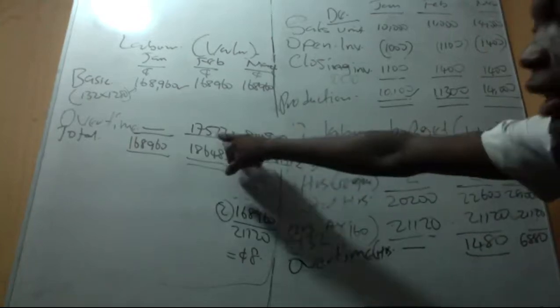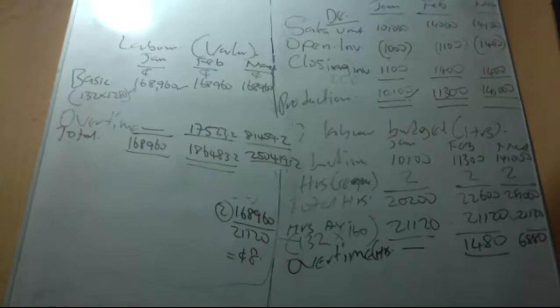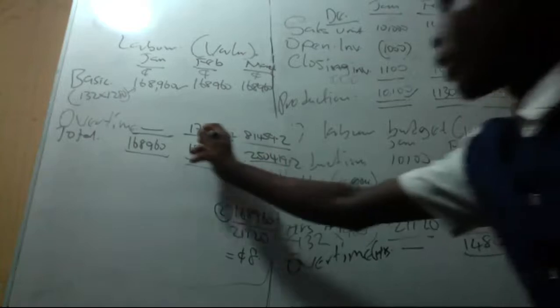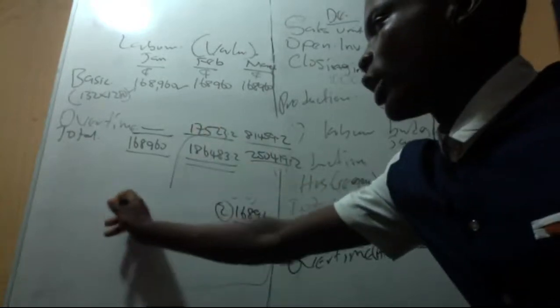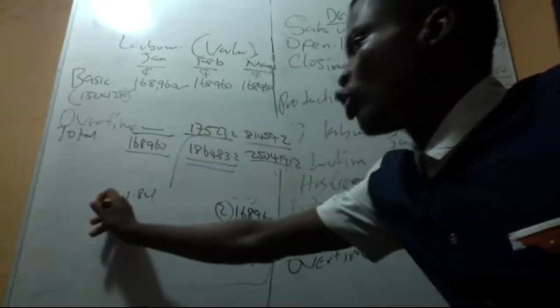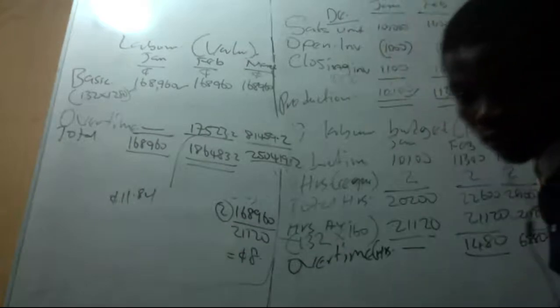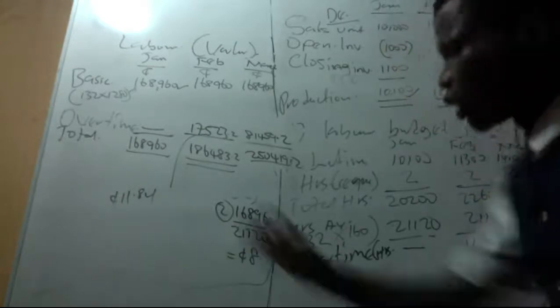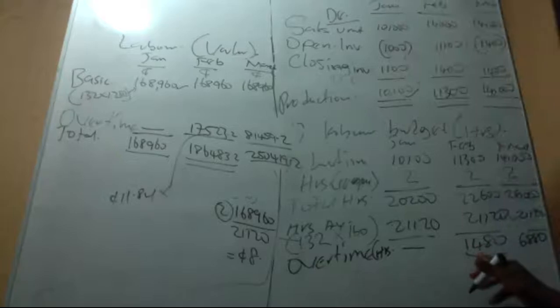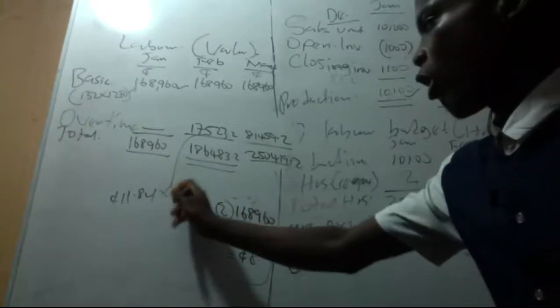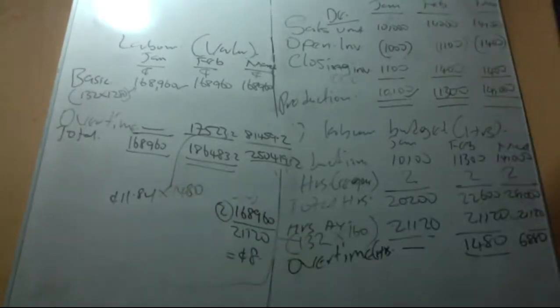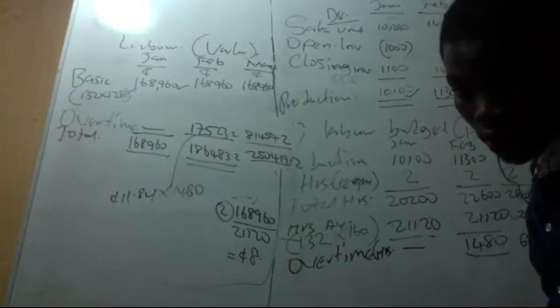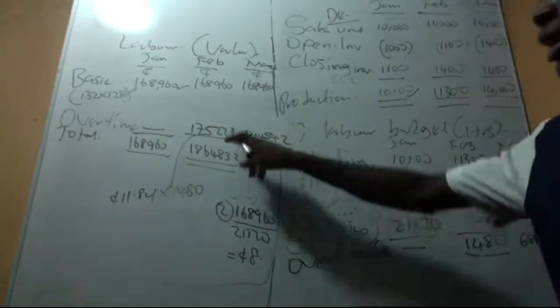So that's how we get 17,523.2. The working is 11.84, the overtime amount, times the overtime hours of 1,480, and that gives us this answer.